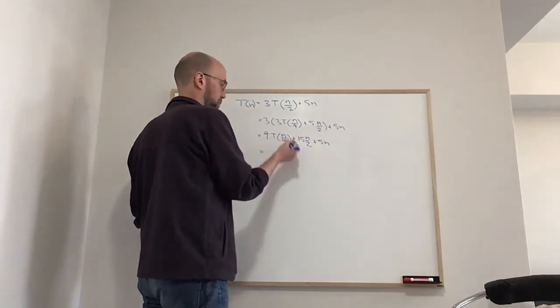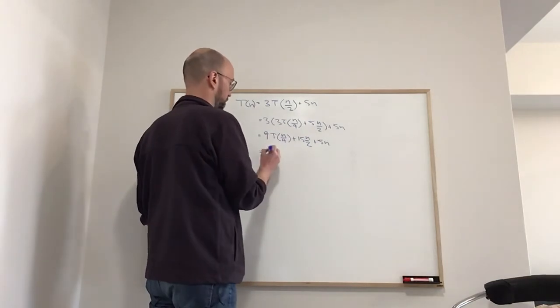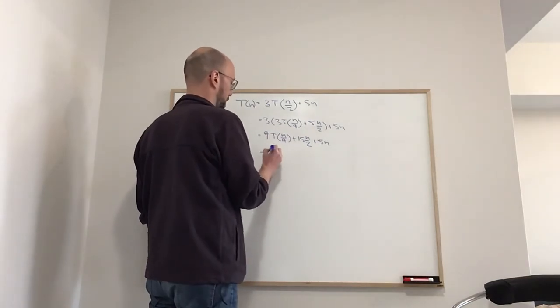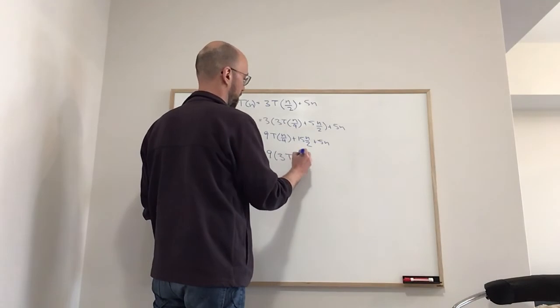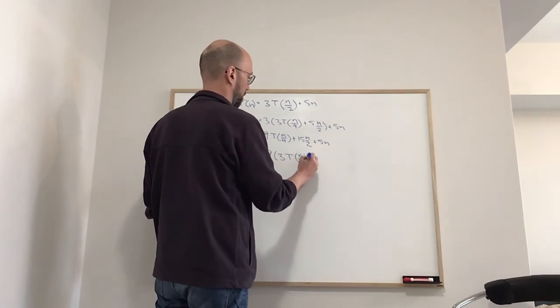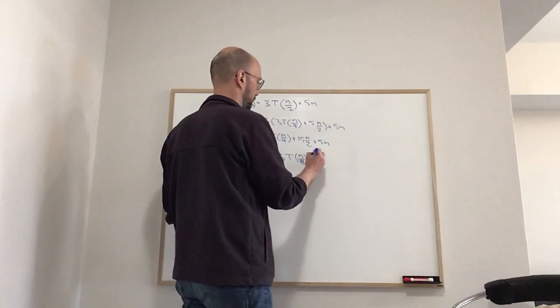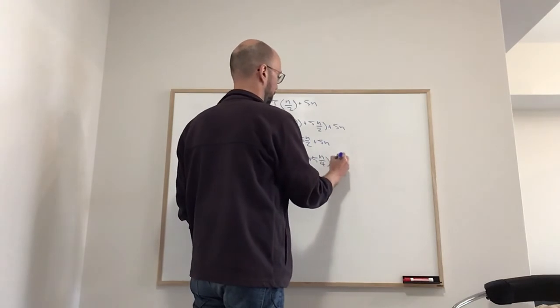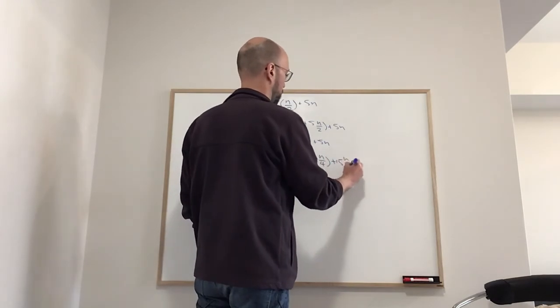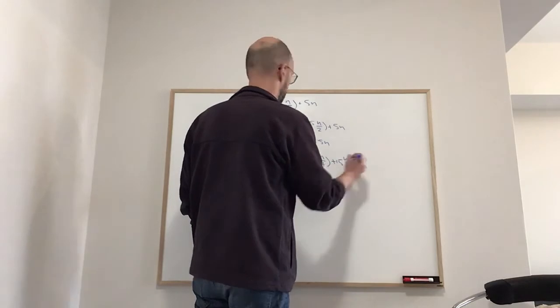Now we can keep expanding. So this is 9 times 3T(n/8) plus 5n over 4 plus 15n over 2 plus 5n.